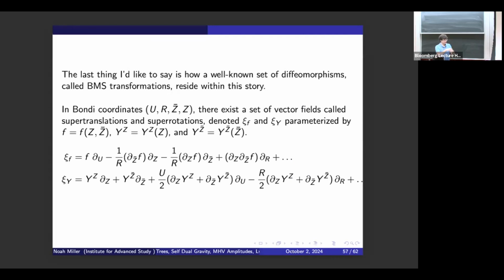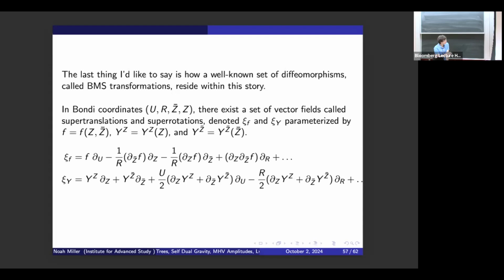F is just a function on the sphere. The super translations are sphere-dependent translations, and the Y and Y bars are holomorphic and anti-holomorphic functions on the sphere. These are local conformal transformations on the sphere.